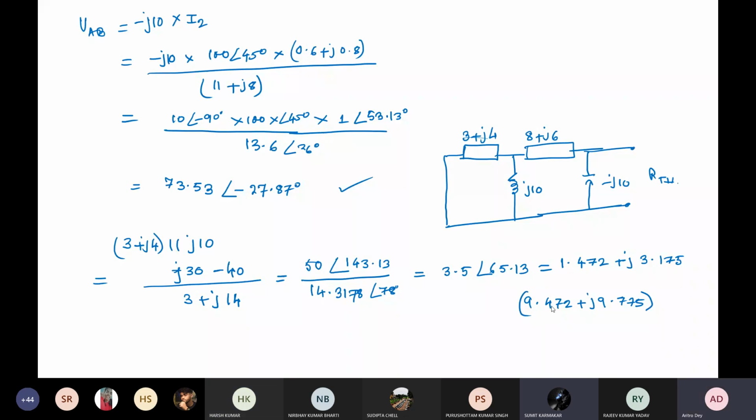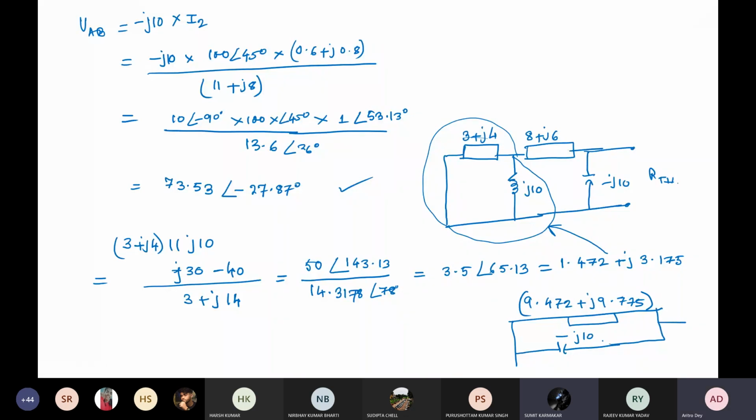You have this parallel combination now that has come out to be this. So that is in series with 8 plus j6, right? So then you need to do that. Otherwise, how can you find the solution of these two? Yes, sir. Okay, so I have added this with this. So now the effective branch has changed to this value. This is your impedance, and that is in parallel with the minus j10.